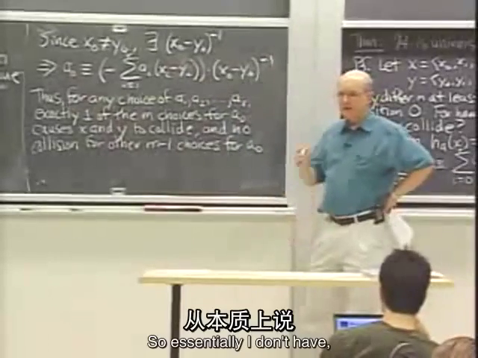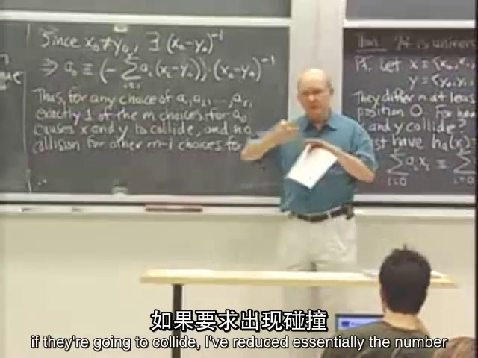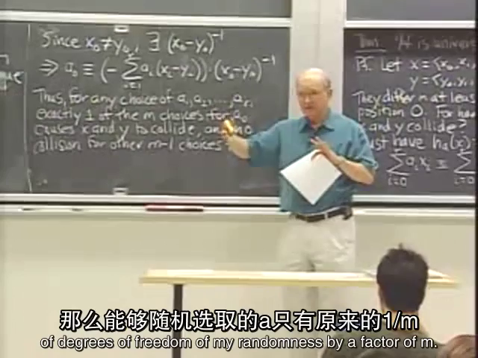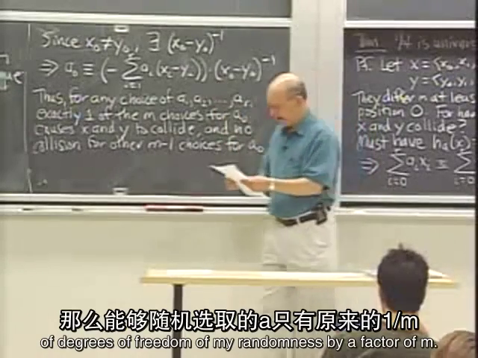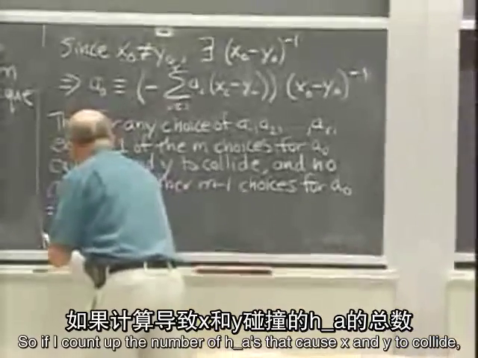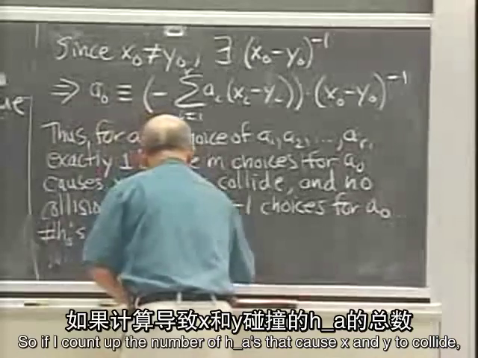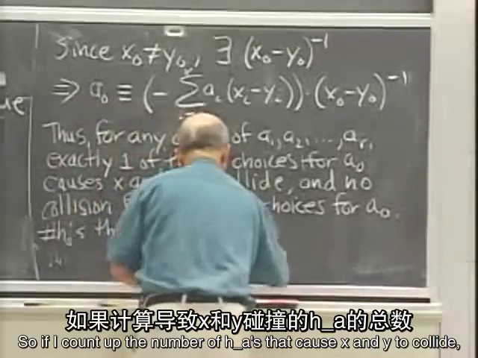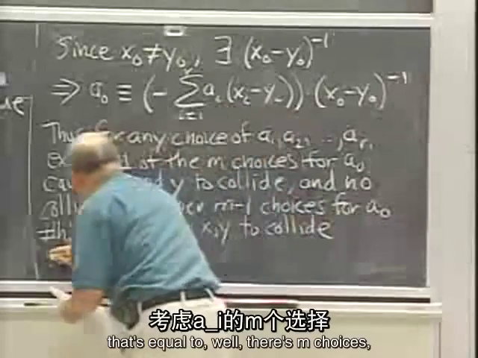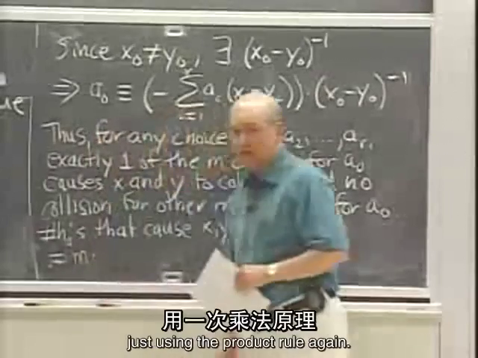Okay? So essentially, if they're going to collide, I've reduced the number of degrees of freedom of my randomness by a factor of m. So if I count up the number of hash functions h_a that cause x and y to collide, that's equal to, well, there are m choices, just using the product rule again.